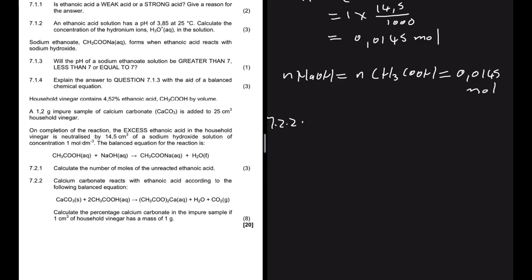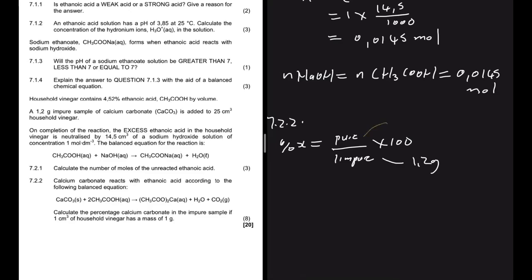And when we calculate percentage purity, we'll always say the percentage of whatever we have is equal to the pure divided by the impure and multiplied by 100. We have the impure, it's 1.2 gram given to us, and now what we need to determine is the pure, right?